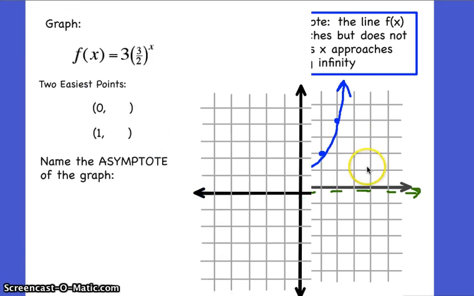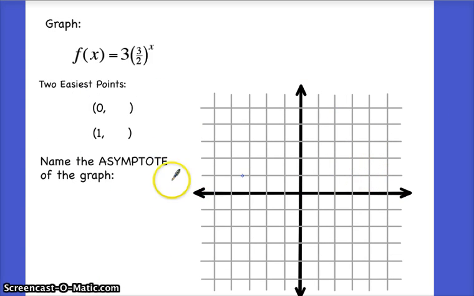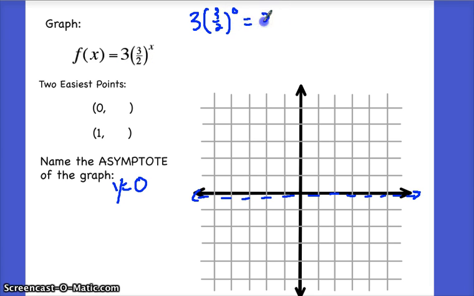Let's try another example, but instead of doing lots and lots of work, let's think about that asymptote first. Again, there's a basic exponential function. So if we put our line at y equals 0, kind of right on that x-axis, what we can do then is use our two easy points. Well, 3 halves to the 0, again, it's just going to come out equal to 3.